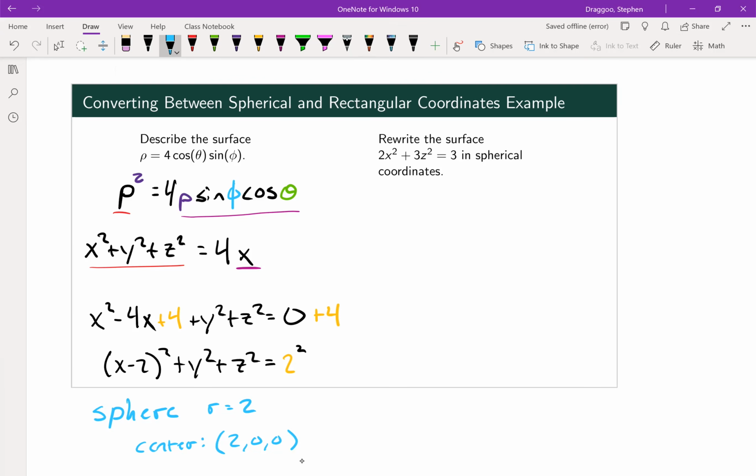Going to the other side, we've got a surface, 2x squared plus 3z squared equals 3. We want to rewrite that into spherical coordinates.